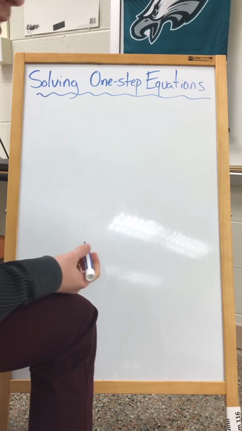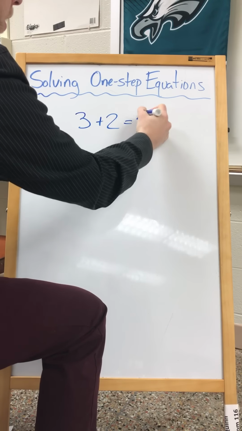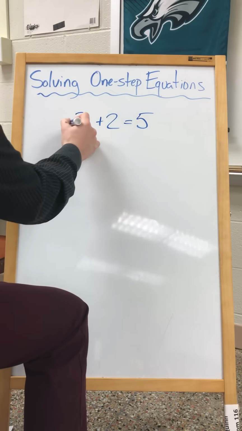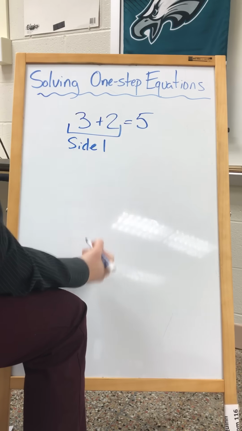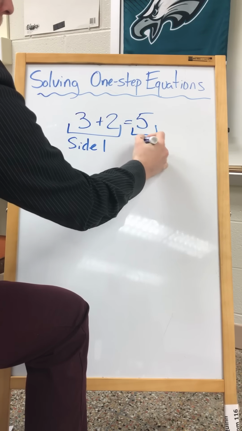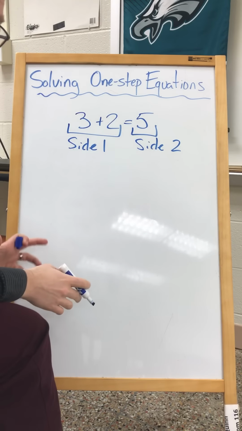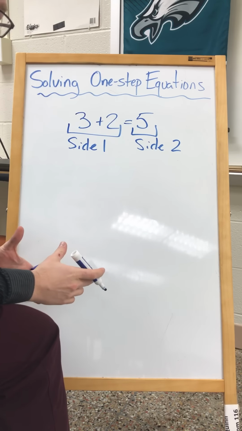An equation could be something as simple as 3 plus 2 equals 5. Here are the important things that we need to understand. We have side 1 of an equation, and we have side 2 of an equation. The most important part of our equation is the idea of them being equal.